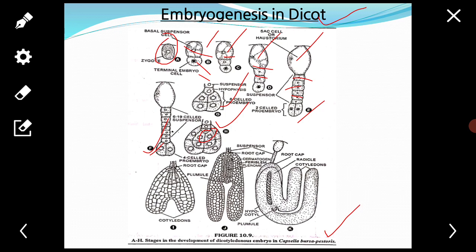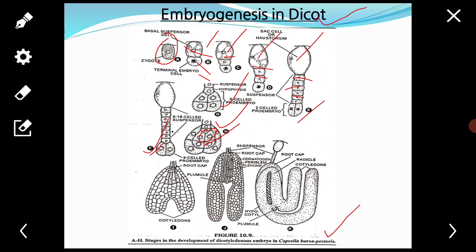The 8 inner cells divide by different planes to form the ground meristem and procambium of cotyledons, hypocotyl and plumule.